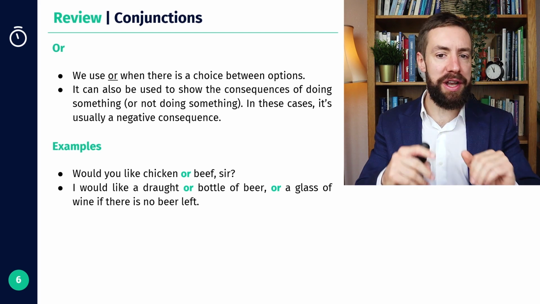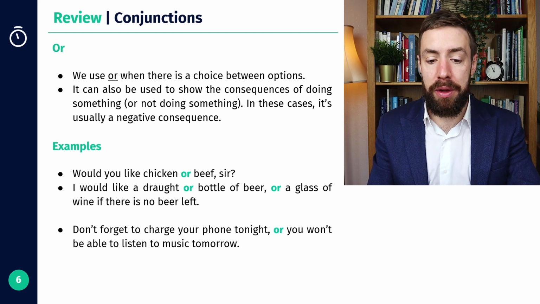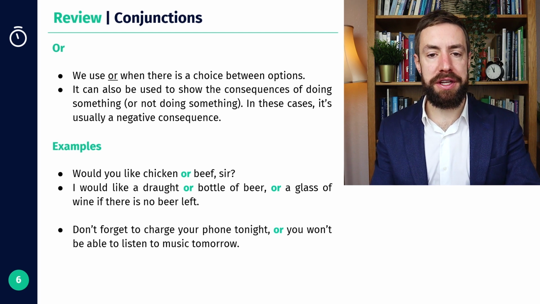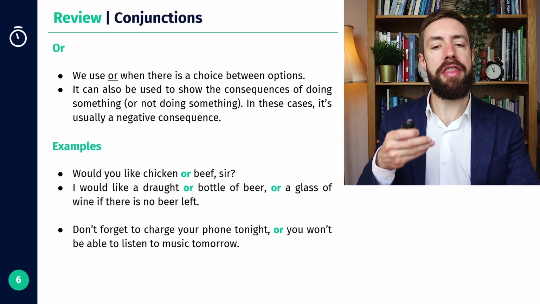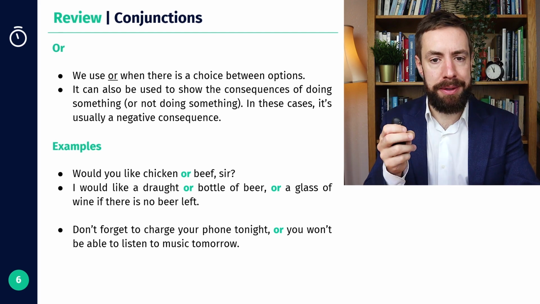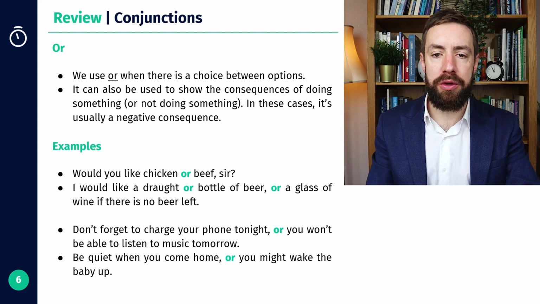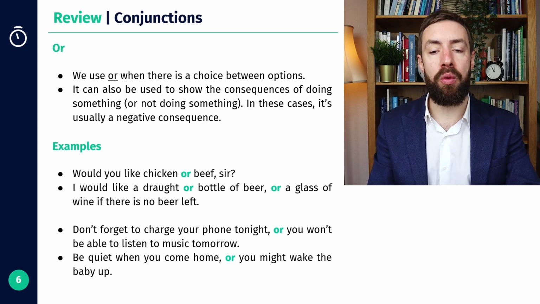We want to organize our writing better, make sure our grammar's really correct. Then another one, don't forget to charge your phone tonight, comma, or you won't be able to listen to music tomorrow. So this one is showing the negative consequence, the bad thing that will happen if you don't follow this advice. Be quiet when you come home, or you might wake the baby up.